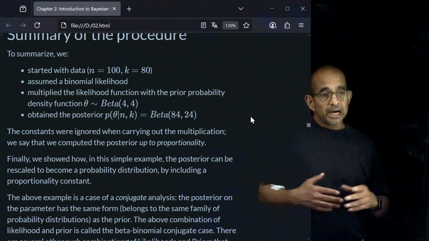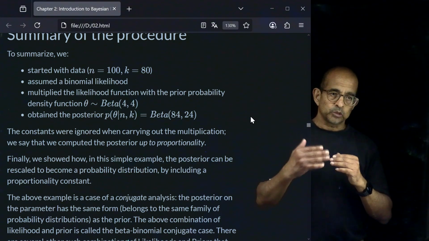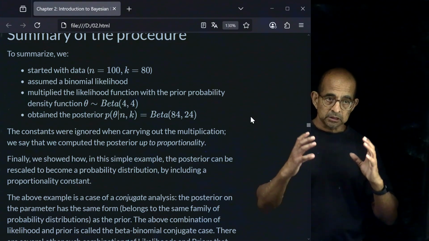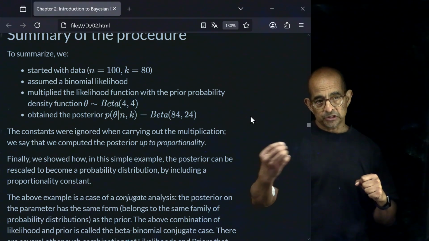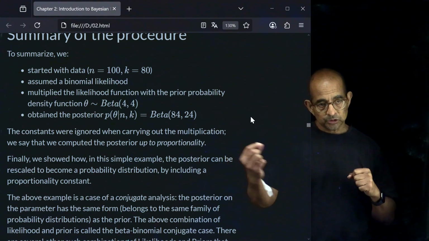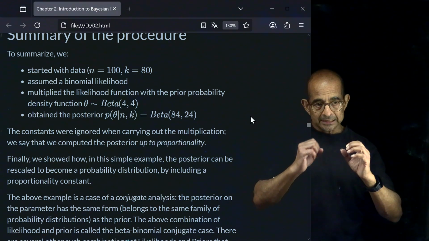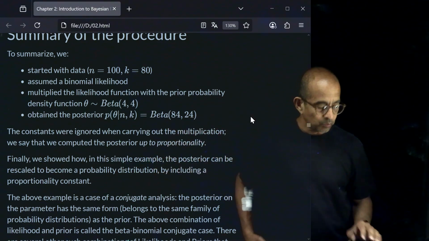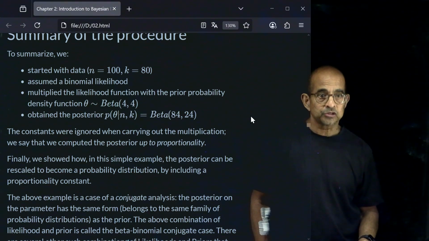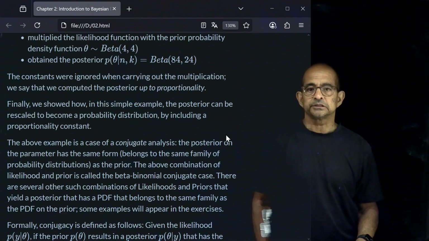But the value of this simple demonstration is to understand how Bayes' rule plays out in giving you the posterior distribution. The insight you should take away is the interplay of the prior and the likelihood in determining what the posterior is. I will, of course, unpack this in more detail in the coming parts of this lecture.